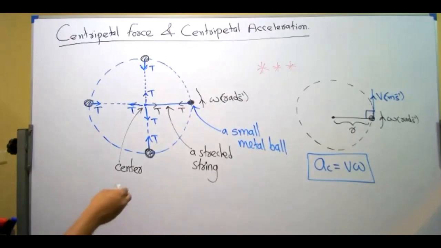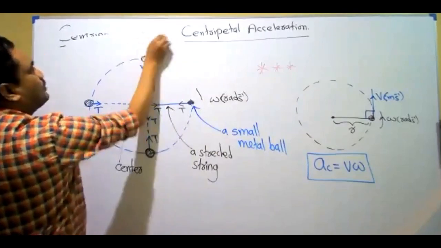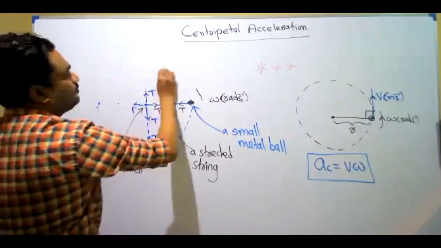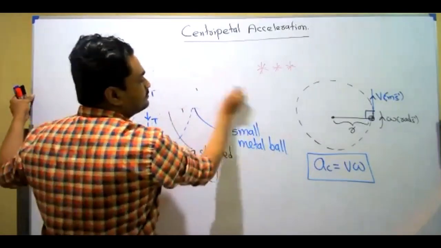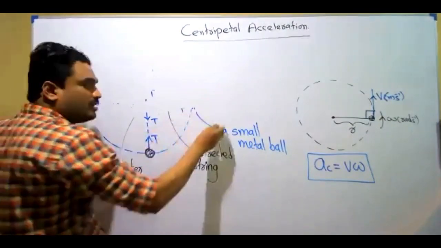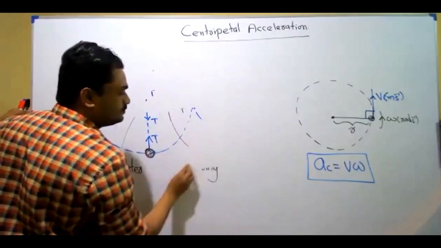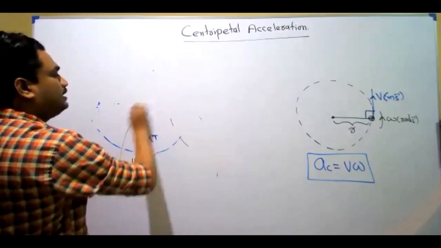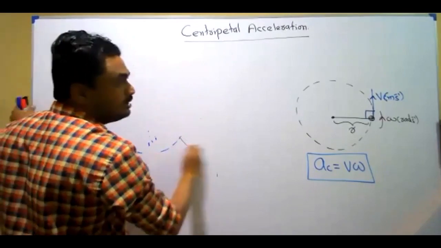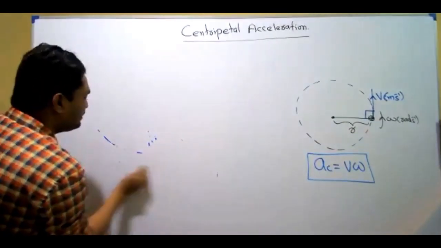In this equation, what is v? Can somebody unmute the mic and tell me? Tangential velocity. Very good. What is omega? Angular velocity. R is the radius of the circular path. Just listen to me while you are drawing and writing.